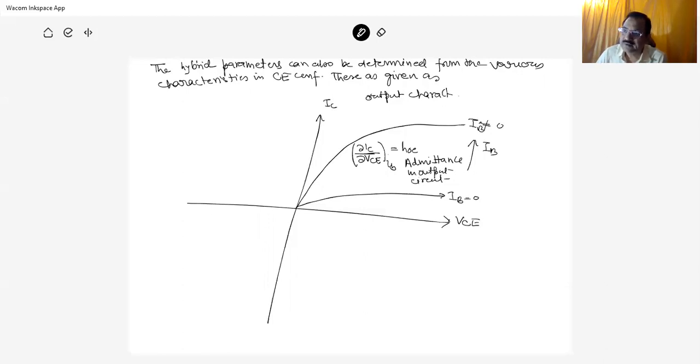This is the IC. If we consider this IB, here is the current. This is VCE at constant.